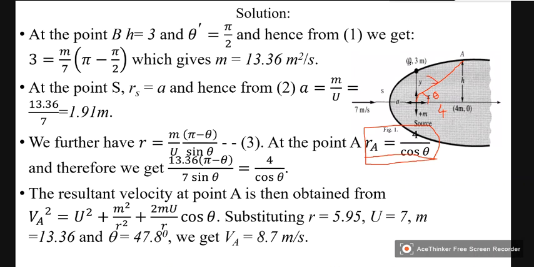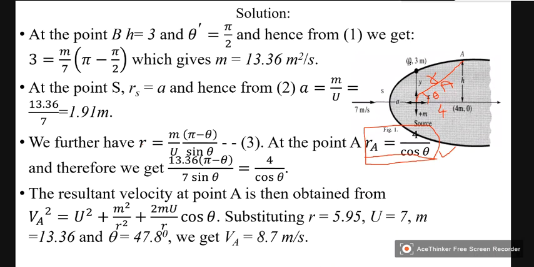This is 4, hypotenuse is R. So this is RA. So therefore RA is equal to 4 by cos theta.